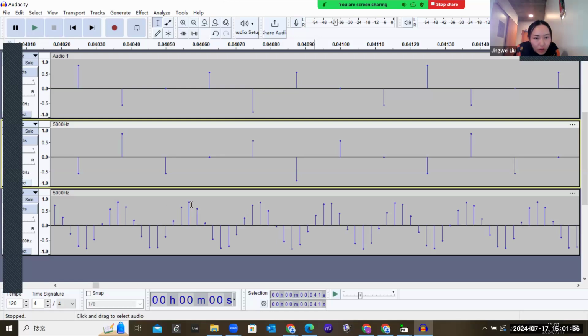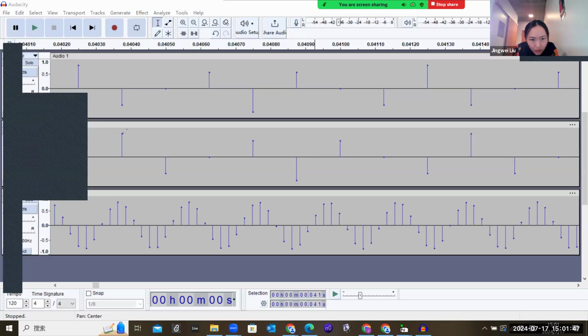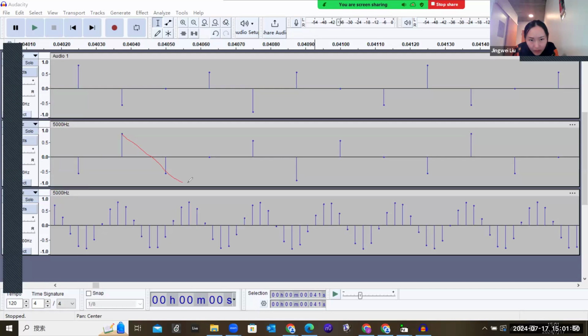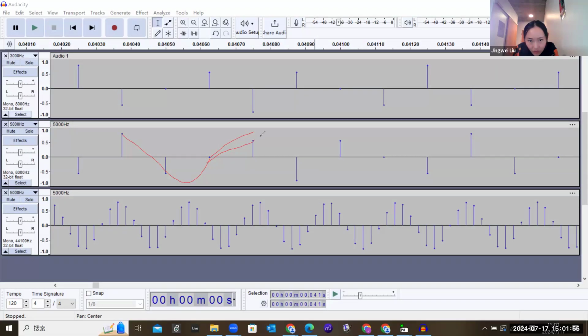What I want to show you is aliasing. When you view this graph, probably what you would draw is something like this. I should go through these points. Let me try again.